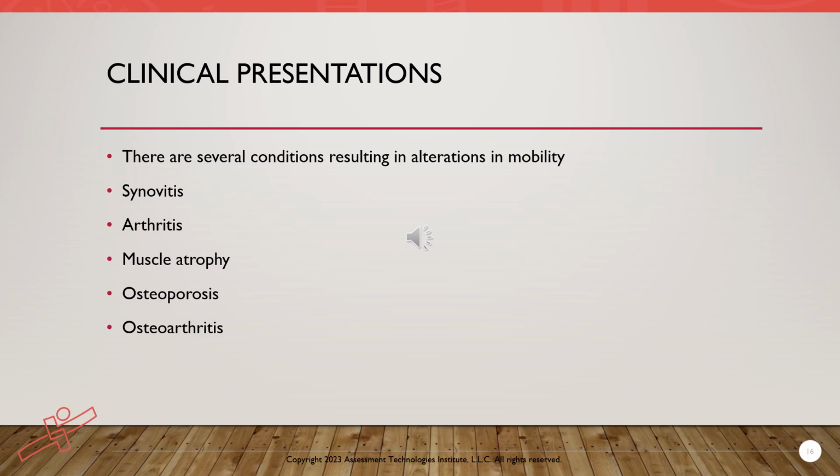Osteoarthritis is the most common form of arthritis. It involves the gradual breakdown of cartilage in weight-bearing joints like knees, hips, and spine. Over time, the joints become stiff, painful, and less functional. Each one of these conditions interferes with the normal function of the musculoskeletal system, leading to decreased mobility and impacting activities of daily living.